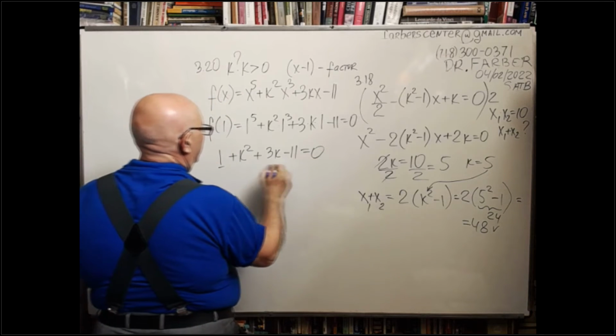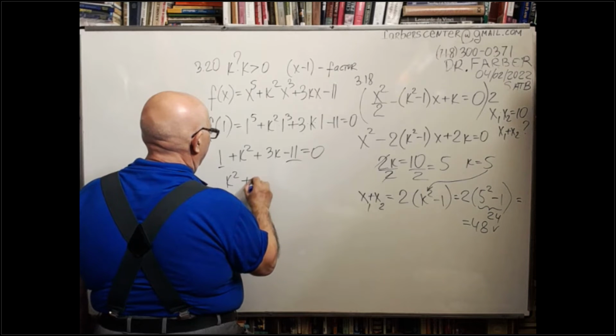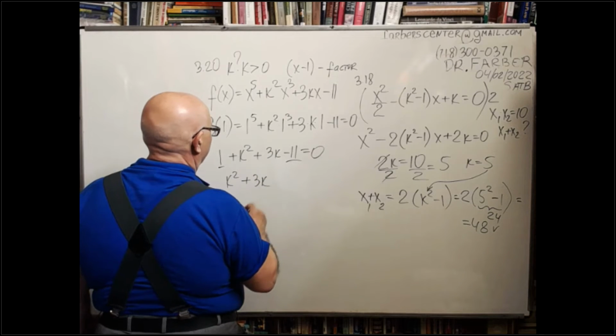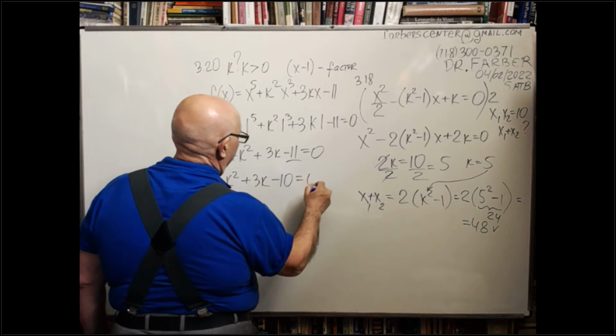Or combine like terms, you have k squared plus 3k minus 10 equals 0.